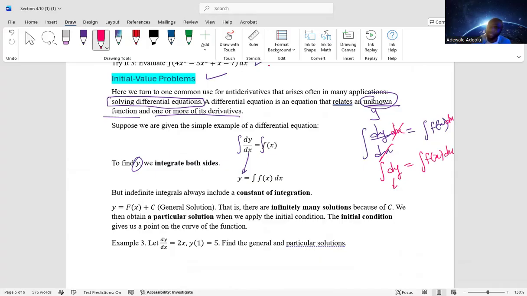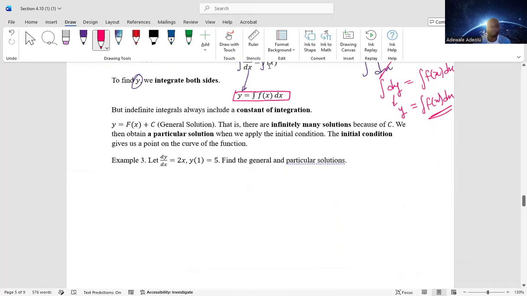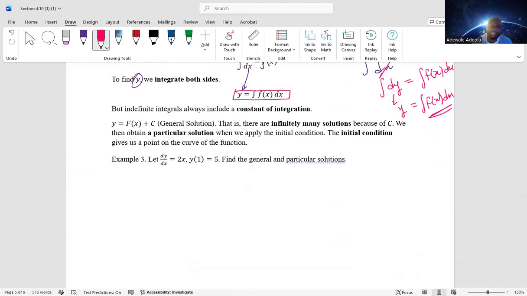And if I go back here, I will have y. So look at it, that is that function in this case, y equals the integral of f of x dx. But indefinite integrals always include a constant of integration.